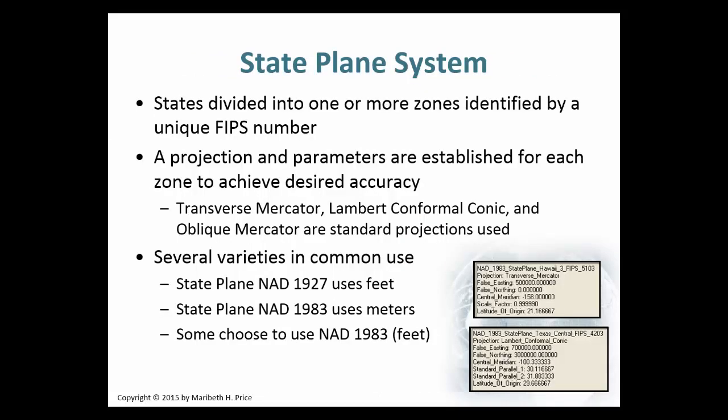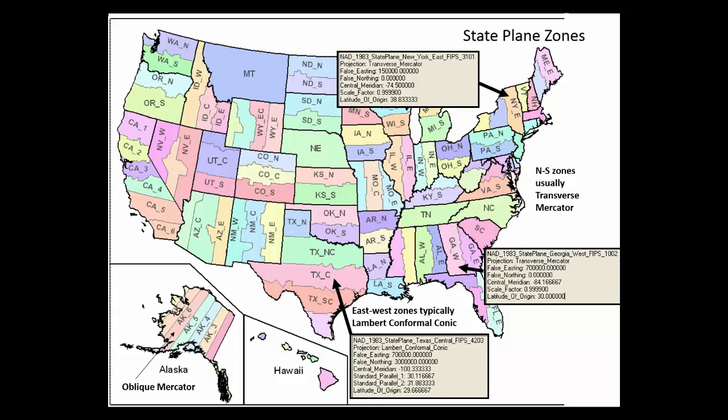State planes are available in flavors of NAD 27 feet, NAD 83 feet, and NAD 83 meters. How many state plane zones does Arkansas have? There are two, north and south zones.